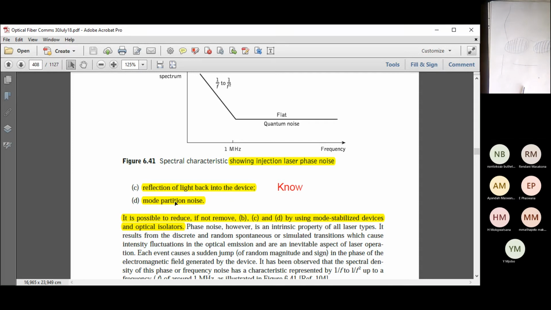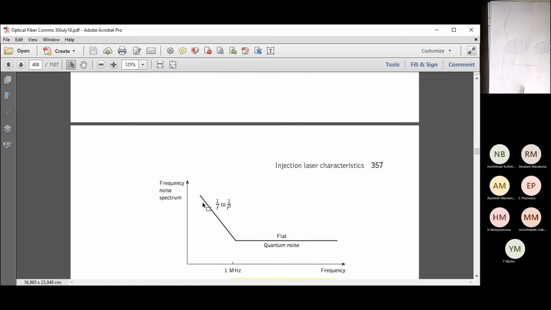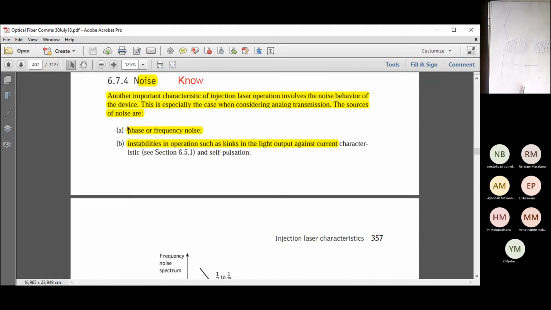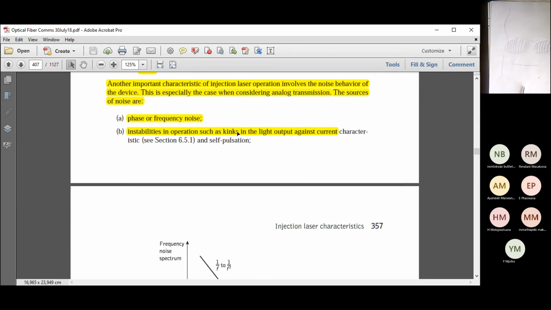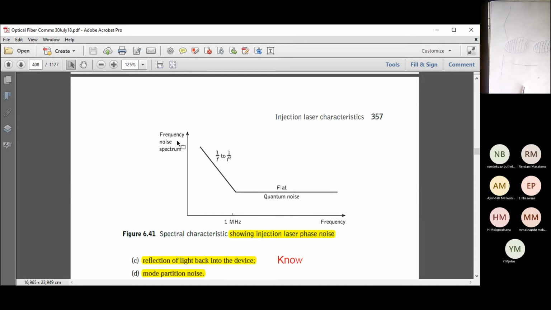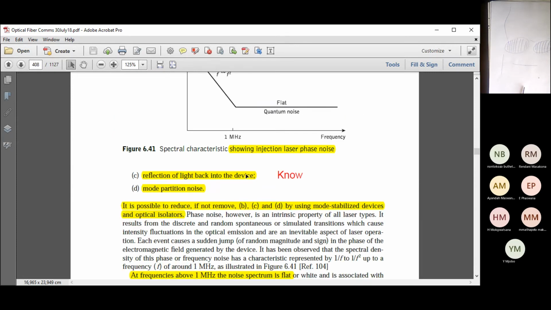The mode partition noise is also a problem of noise. So these four things, people, are noise in a laser. The phase or frequency noise, the instability, such as the kink against current, and then reflection of light back into the device and mode partition noise.